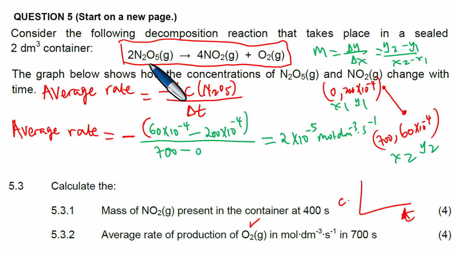In view of the reaction, how does the N2O5 compare to the production of oxygen? Double. Two N2O5 gives 1 oxygen.